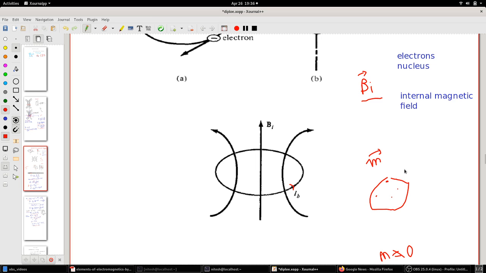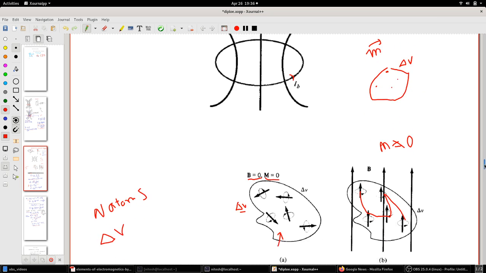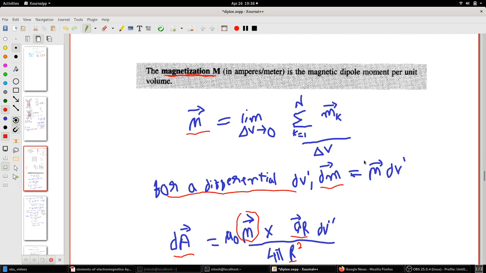Let's assume the volume is delta V. Then magnetization M, in amperes per meter, is the magnetic dipole moment per unit volume. With n magnetic dipole moments in the volume delta V, the summation of all the m_k divided by delta V, as delta V tends to 0, is your magnetization.